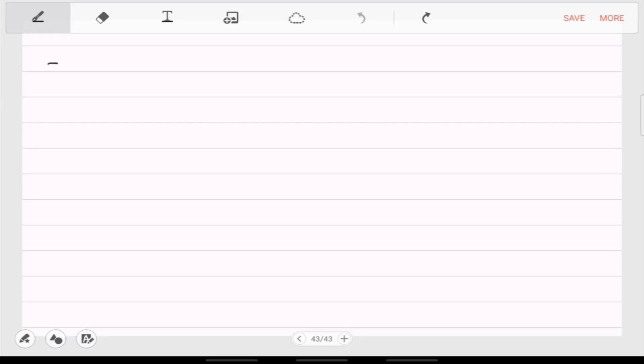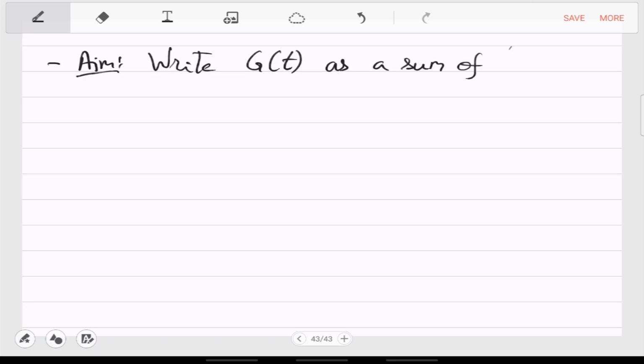So that is what you should now convert G(t) to, and for that, is there a name for this? Yeah, so you just try to write G(t) as a sum of 1 over 1 minus alpha t and 1 over 1 minus beta t.